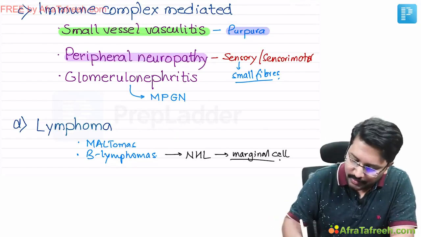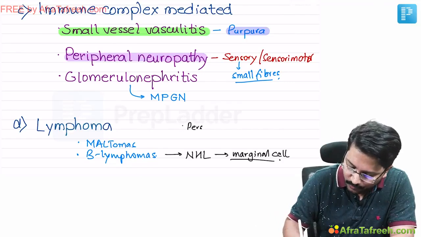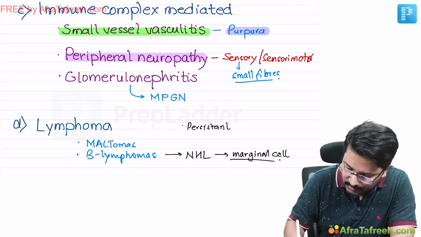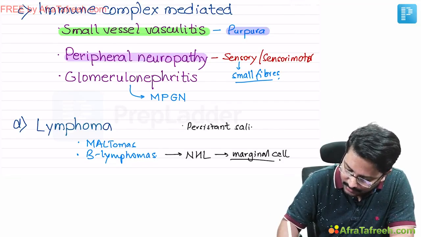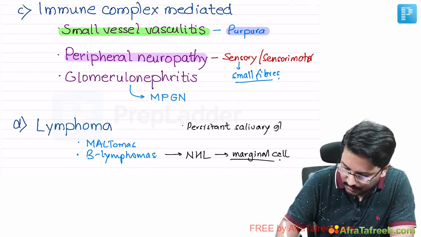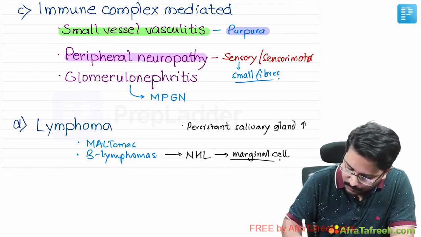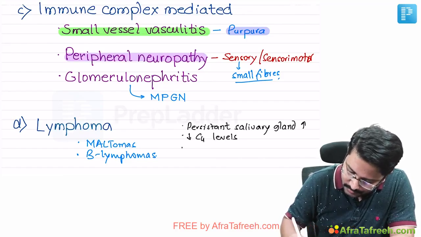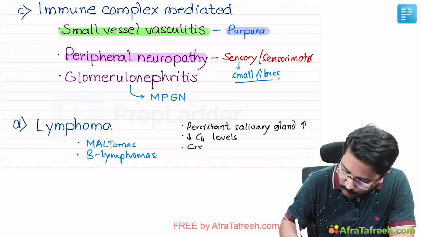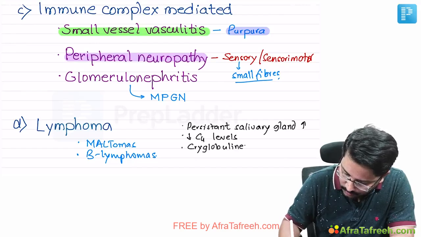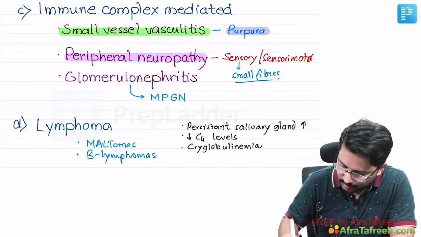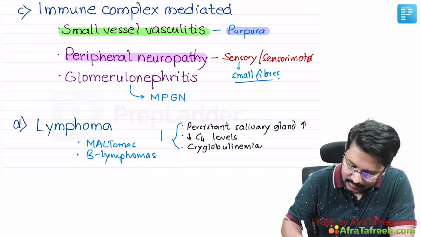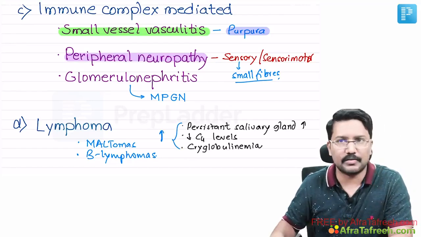What are the pointers? If there is persistent salivary gland enlargement, or if there are low C4 levels, or if patients have cryoglobulinemia, these are the pointers that suggest increased risk of developing lymphomas, right?